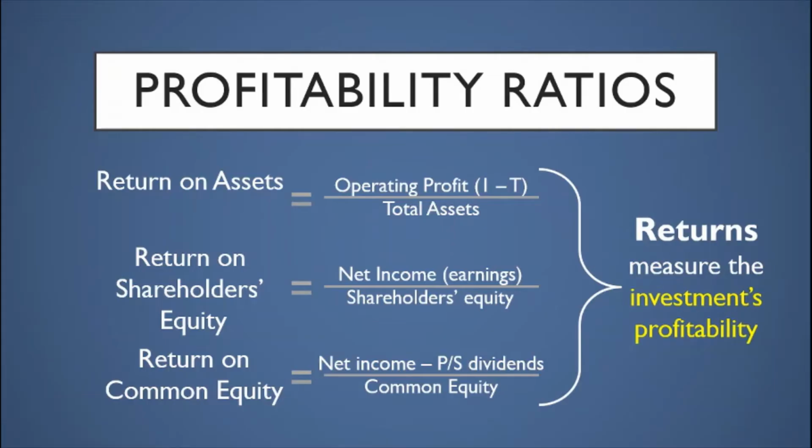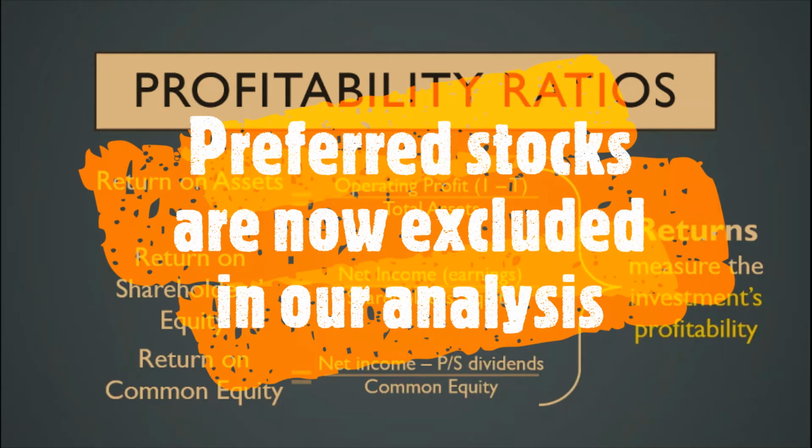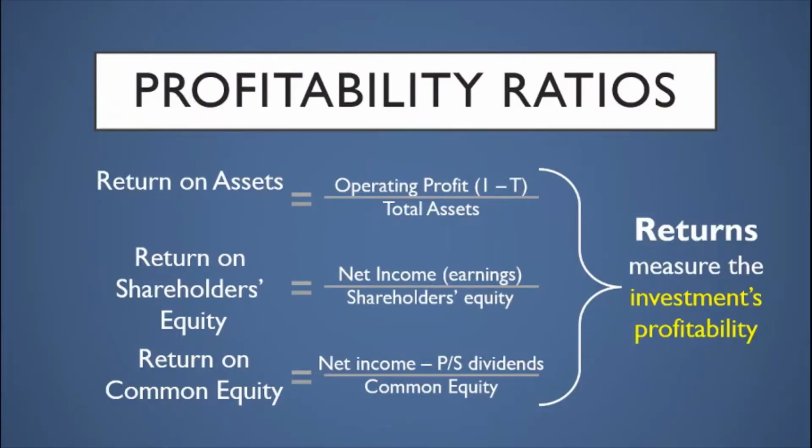Lastly, the numerator for return on common equity is net income less preferred share dividends. This is because the denominator includes only common equity, and preferred share dividends will be deducted before common shareholders partake in the income generated.